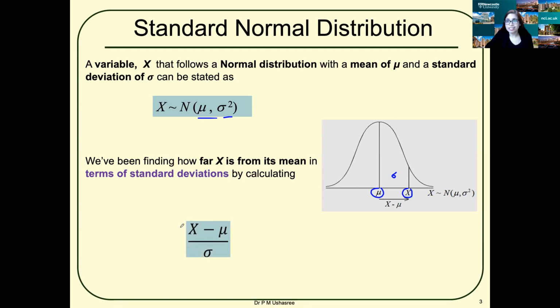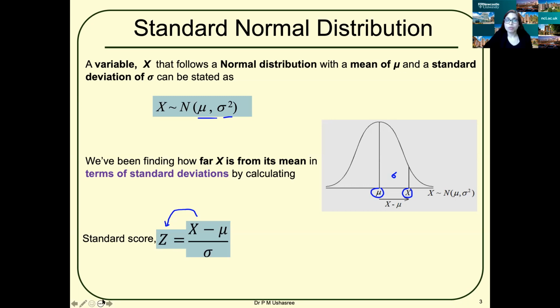This difference between the random variable and the population mean, divided by the population standard deviation, is nothing but z, which we call a standard score. So this formula helps us to transform x into z.